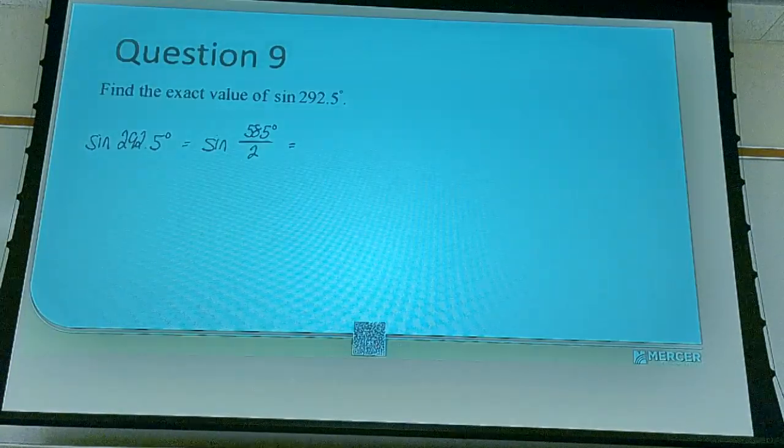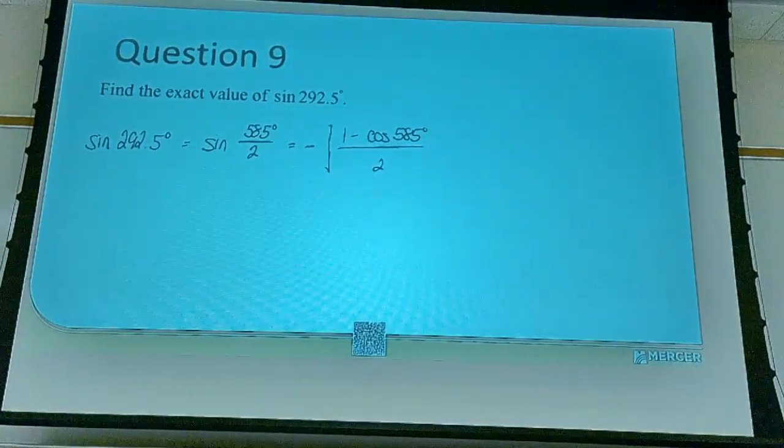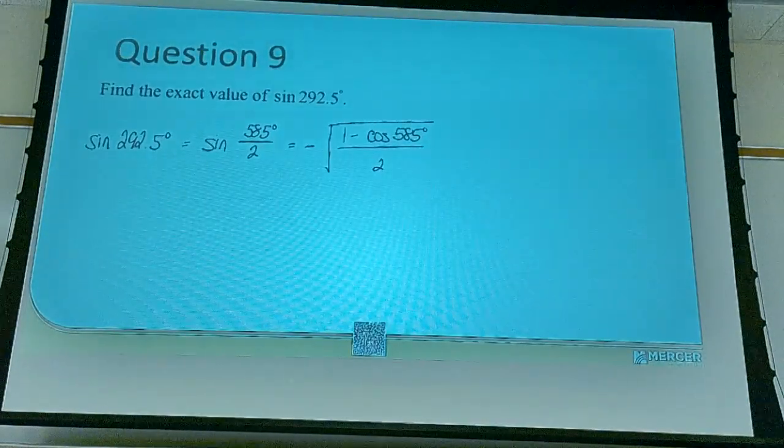Negative. So we need to take the negative square root.